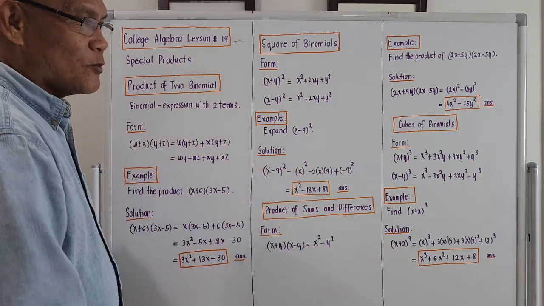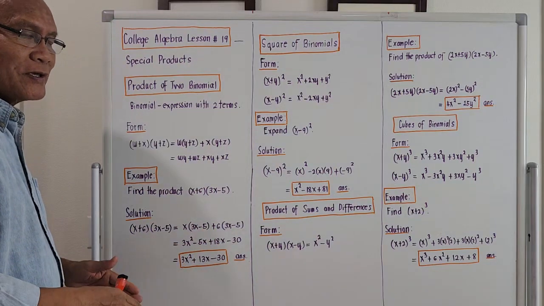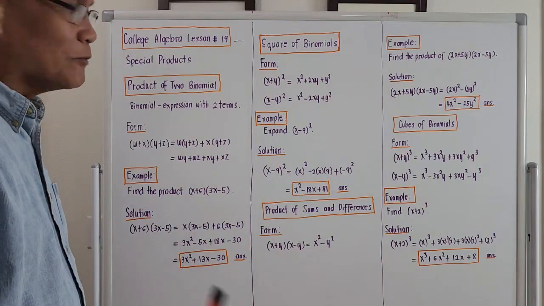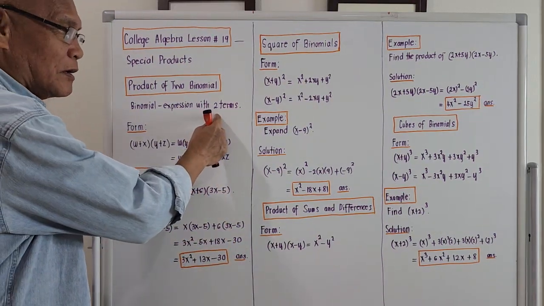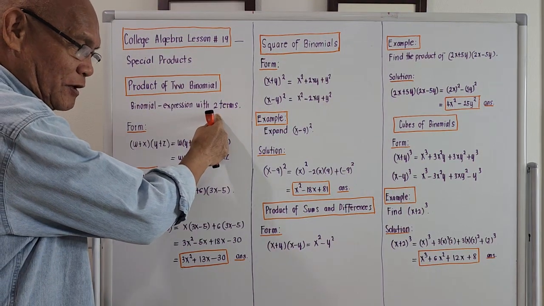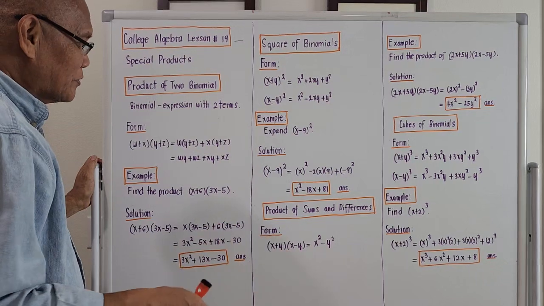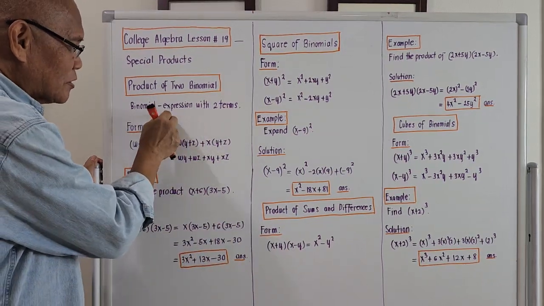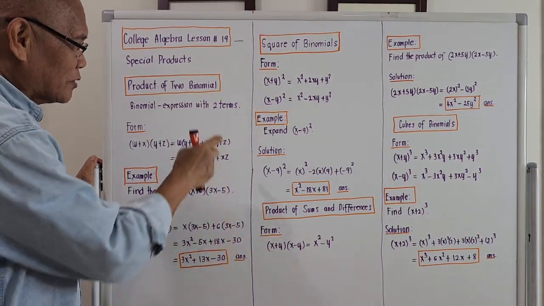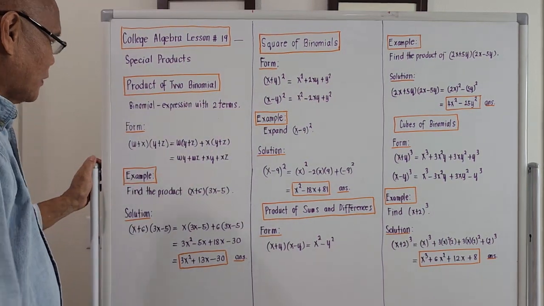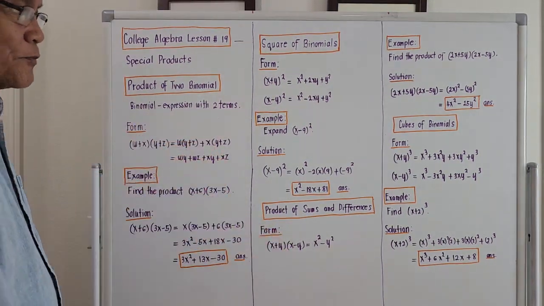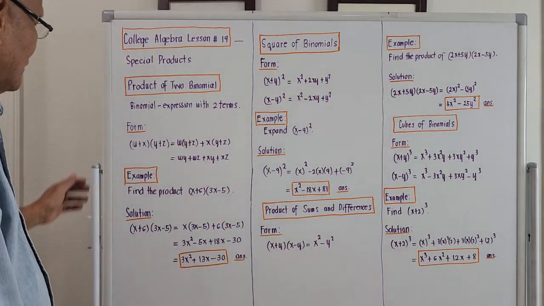What is a binomial? A binomial is actually an algebraic expression involving two terms, including the plus or minus sign in the addition of the terms, right? So a binomial is an algebraic expression which contains two terms. Let's try to bring out the form of a binomial.